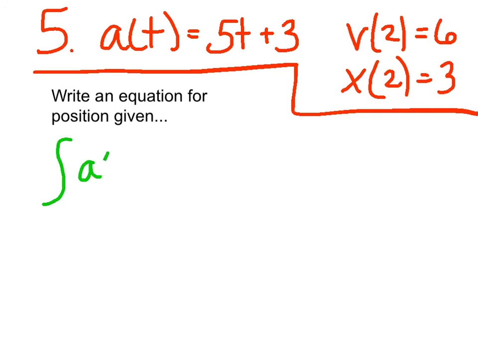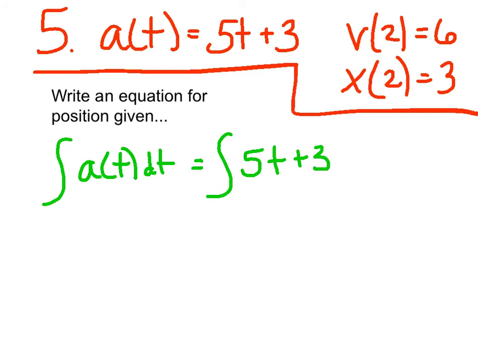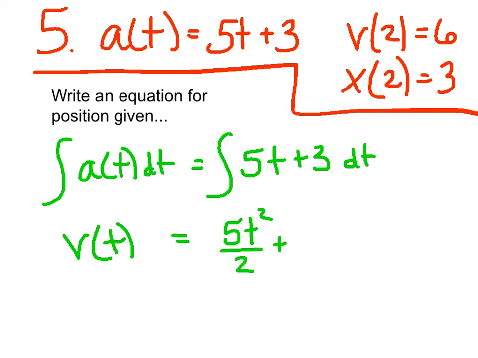So I'm going to integrate a of t dt, and integrate this side. Remember, always balance your equation out. The integral of acceleration, of course, is velocity. And this will get me 5t squared over 2 plus 3t plus c. And carefully plug in your 2 values.